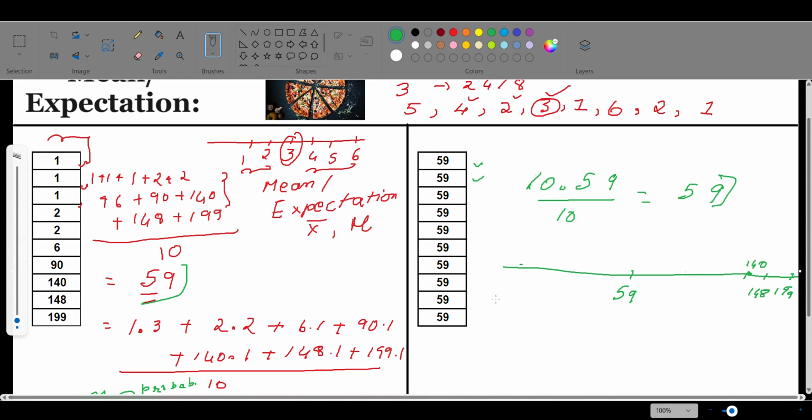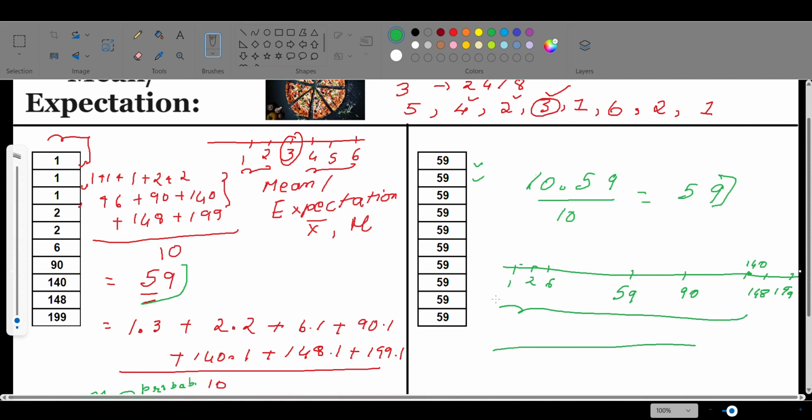Okay, then you have 90 somewhere here. Okay, then here you have 1, here you have 2, 6, and so on. Okay, now this is how the number line looks for the first data set.